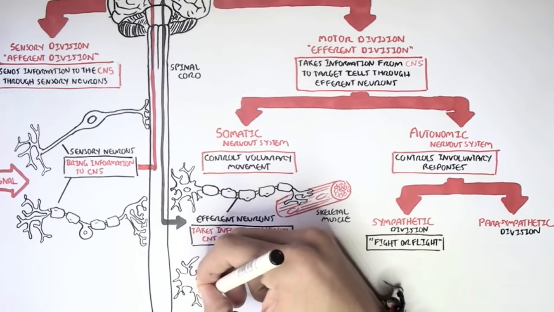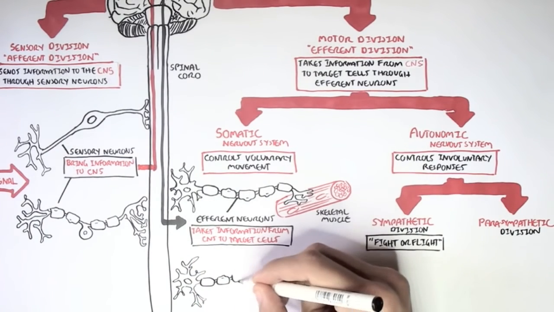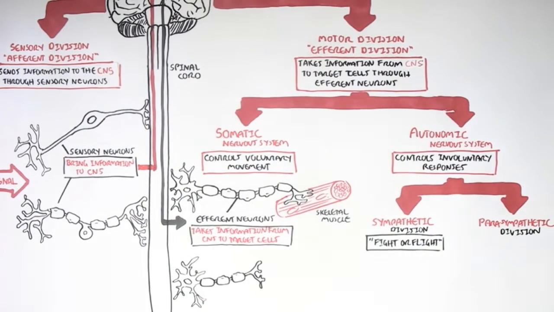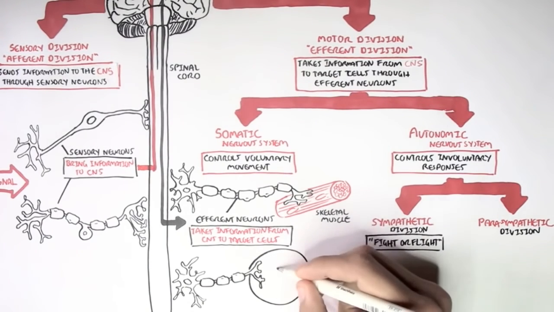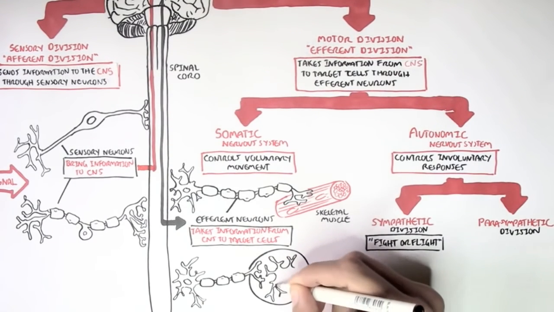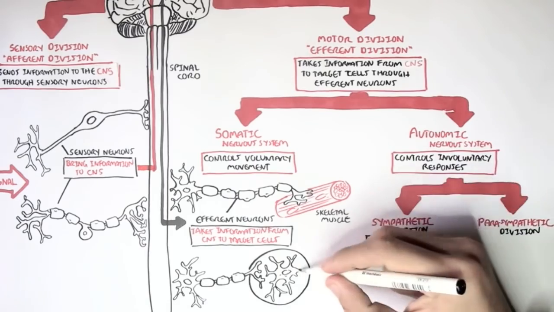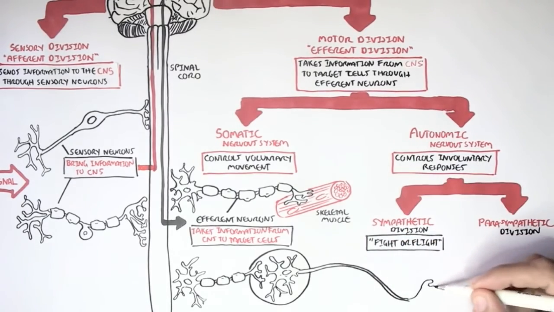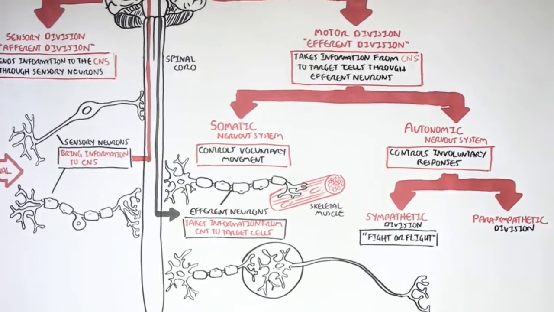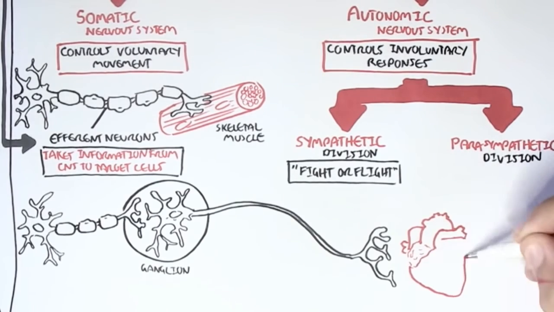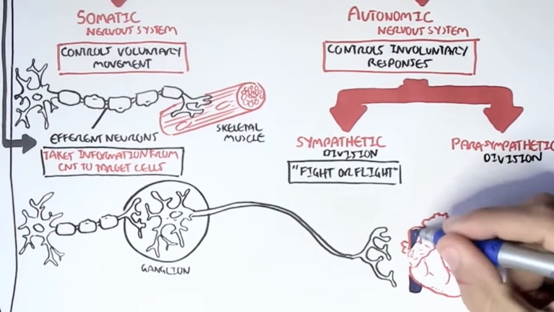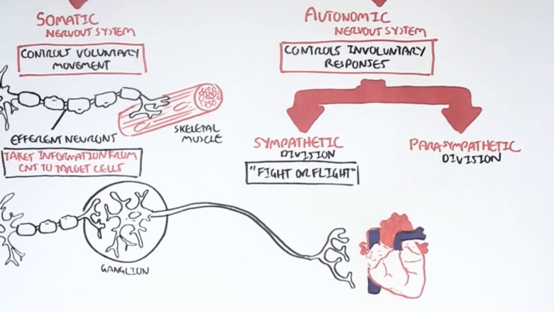Now, both divisions of the autonomic nervous system take information from the central nervous system to a target cell involuntarily. For example, the information here is being sent to the heart's conduction system through efferent neurons. There are two, as you can see.